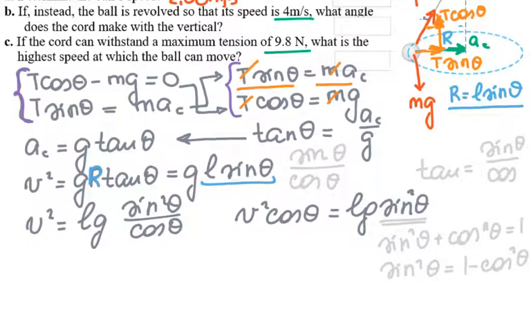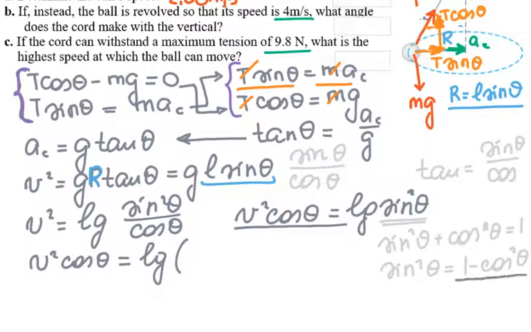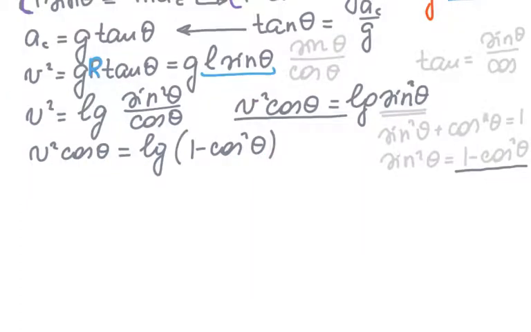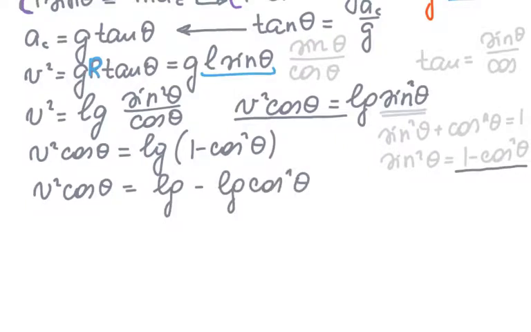So instead of this equation, I'm going to have v squared cosine theta is equal to L g, and instead of sine squared, I have 1 minus cosine squared theta, distributed, and I will have v squared cosine theta is equal to L g minus L g cosine squared theta.